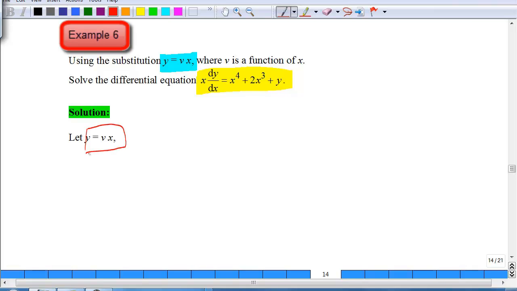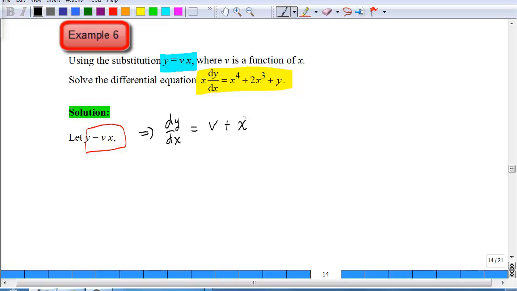In order to do that, you need to get the first derivative. From here, differentiating with respect to x, you will have dy/dx. On the right you need to apply your product rule. So v fixed, differentiate x, you get 1, plus x fixed, you differentiate v.